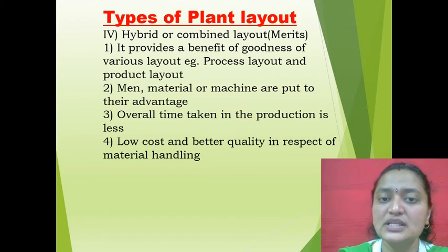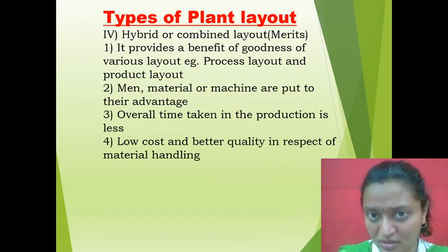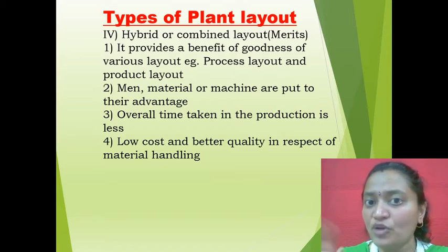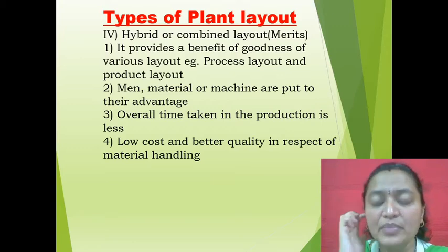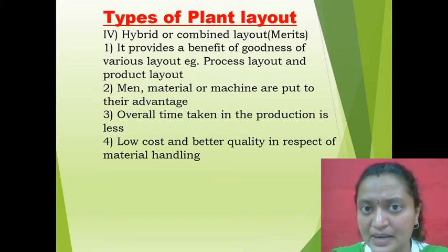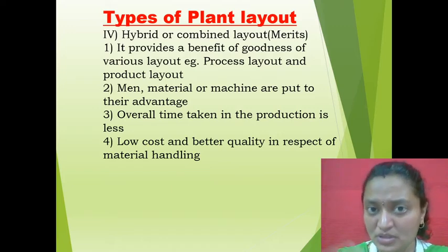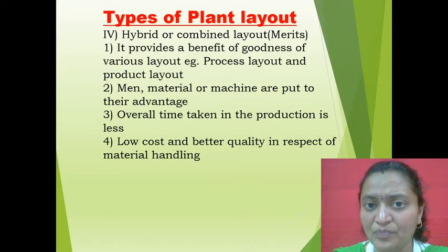Suppose we start manufacturing the product. We'll take one simple example of process layout and based on that we can understand. Just imagine that in the process layout the product manufacturing has started.